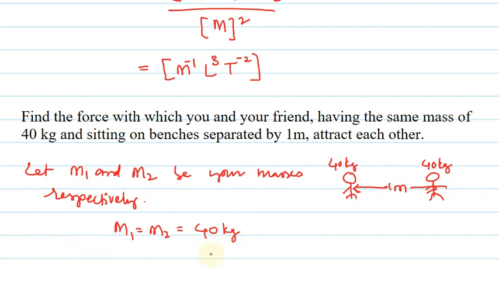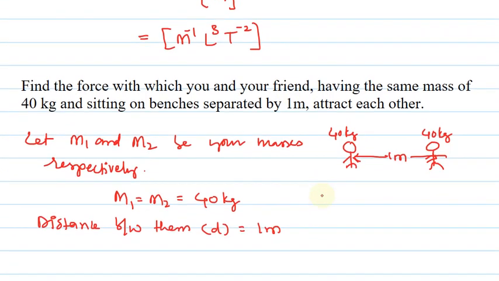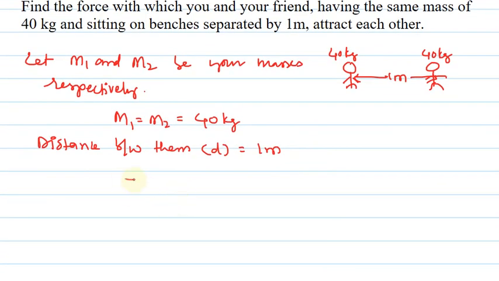And the distance between them, let us consider it as d, that is equal to 1 meter. So we can use the formula F equals capital G m1 m2 divided by d square. And what is the G value here?